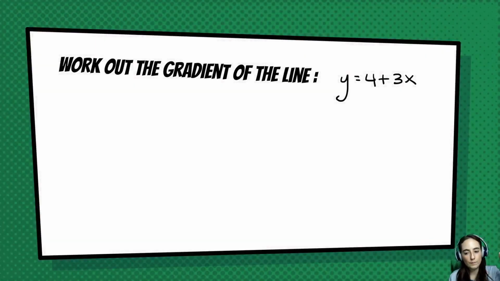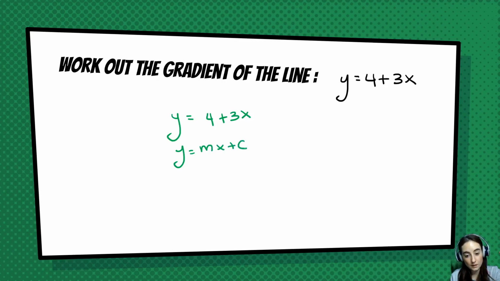Okay, next one. Pause the video. Okay, I'm just going to make a note here. Remember, our usual form is y equals mx plus c, which means I would rearrange things.